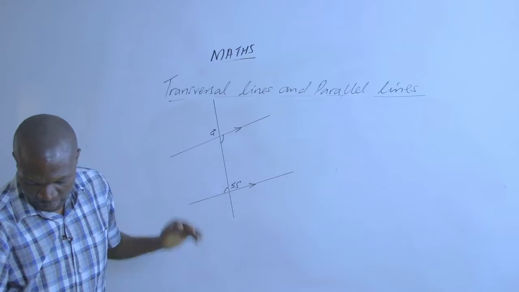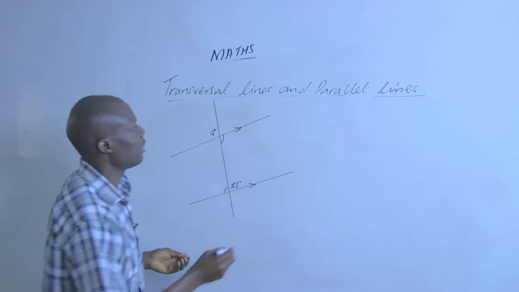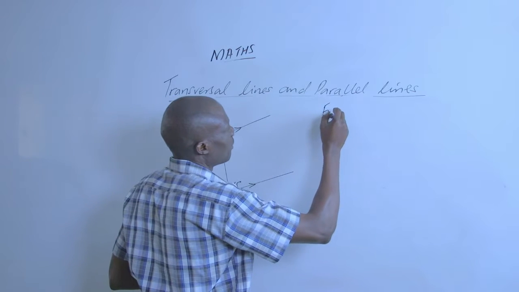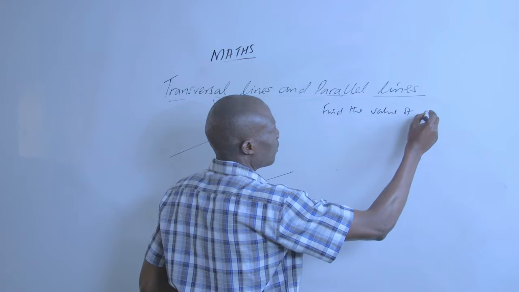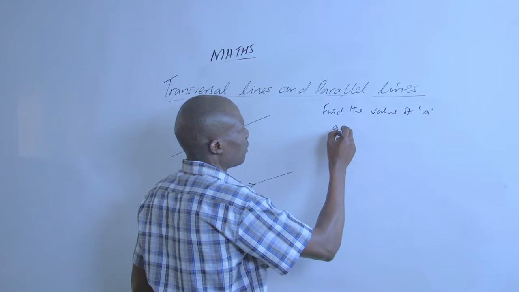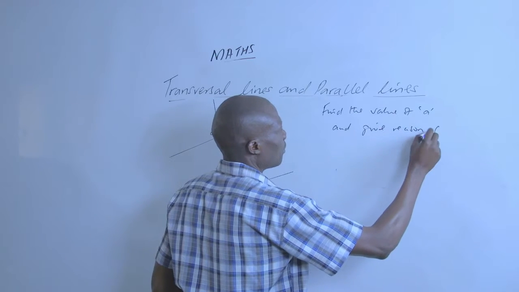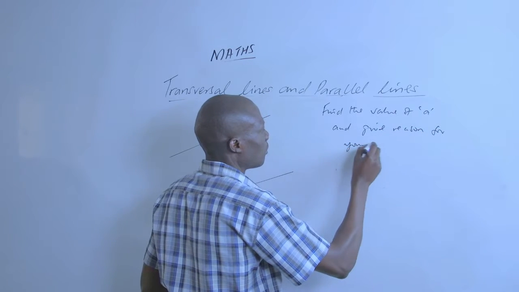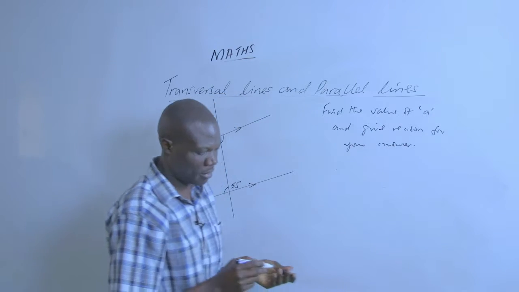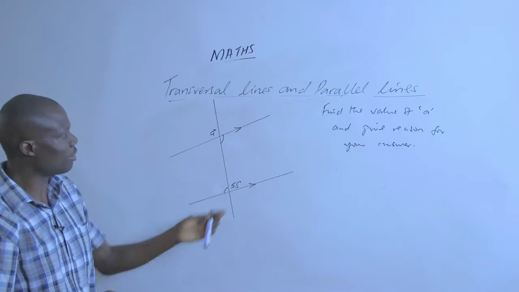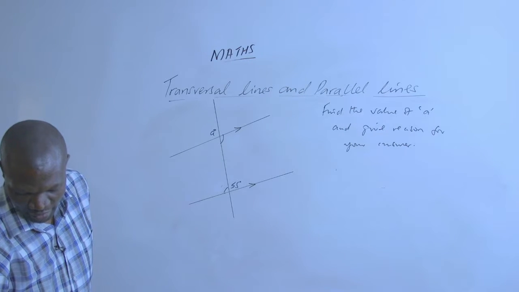In this diagram, the question remains the same. Find the value of A and give reason for your answer.